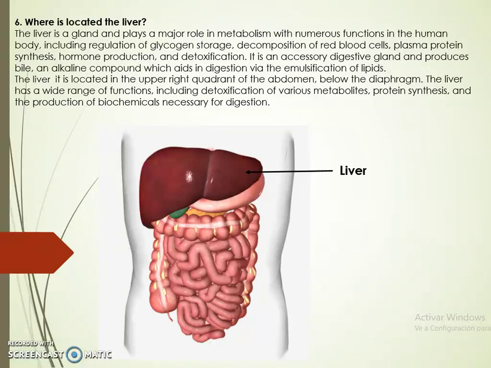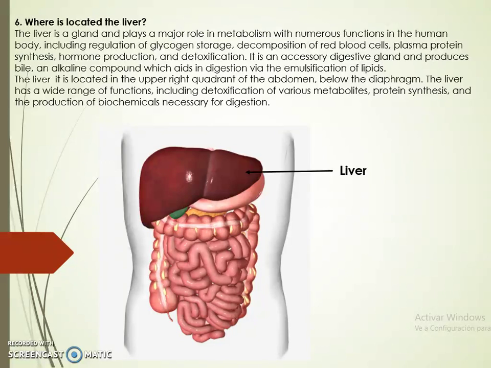Where is the liver located? The liver is a gland and plays a major role in metabolism with numerous functions in the human body, including regulation of glycogen stores, decomposition of red blood cells, plasma protein synthesis, hormone production, and detoxification. It is an accessory digestive gland and produces bile, an alkaline compound which aids in digestion via the emulsification of lipids.